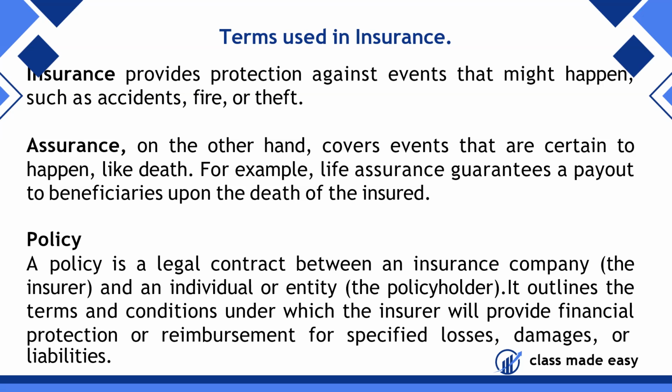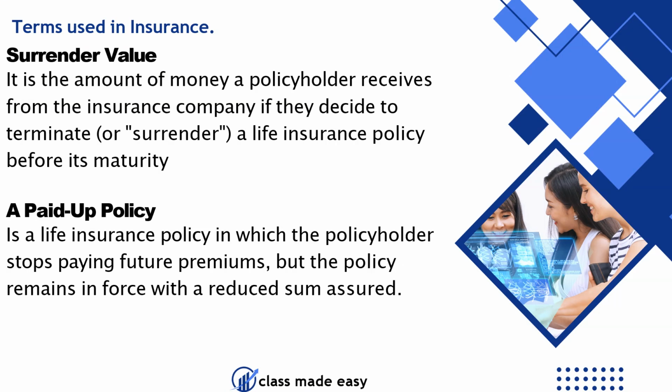So underline terms and conditions. What is the policy about? It is a legal document, a contractual document in which we are able to find the terms and conditions of the insurance contract.